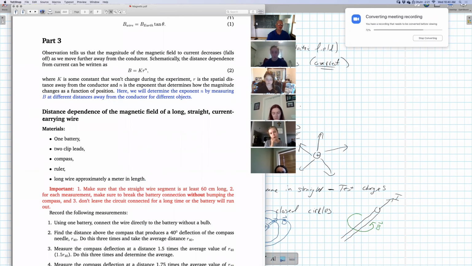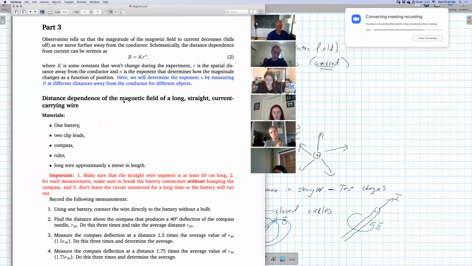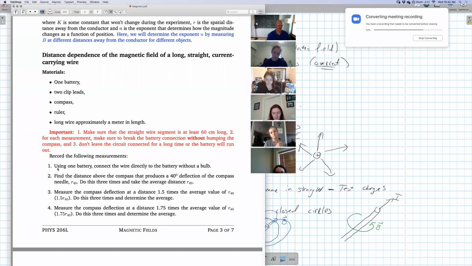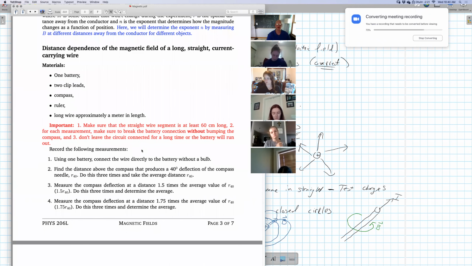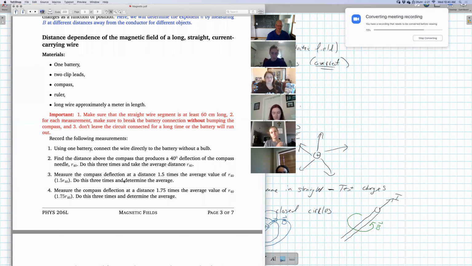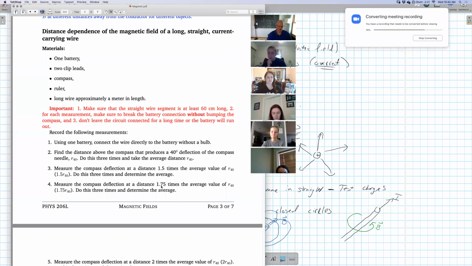Part 3 is always kind of a tricky portion for students. What they do in the lab is take a wire and connect it to a battery, so you have current running through the wire, and then they measure a few different distances. Here they measure first where you have a 40-degree deflection, and they measure the distance of the wire above the compass, and then a few other distances.